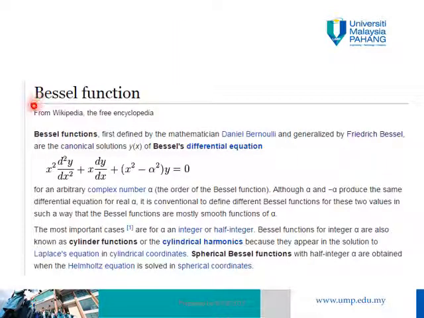Bessel function, from Wikipedia, defined by the mathematician Bernoulli and generalized by Bessel, is the solution of the Bessel differential equation.